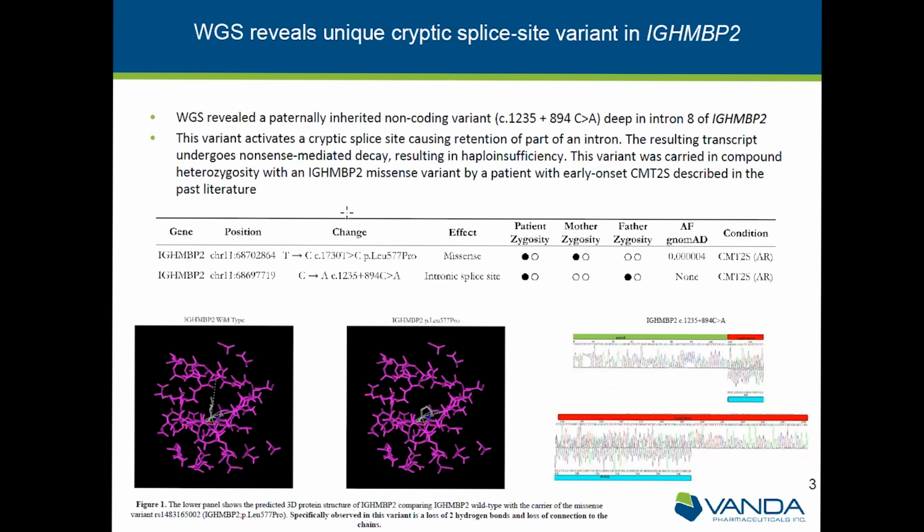At this point, we are not targeting the missense variant on the left, where there is a loss of hydrogen bonds. We are aiming to rescue expression from the cryptic splice site variant. And on the right, I'm showing you the nonsense-mediated decay that is an effect of this variant.